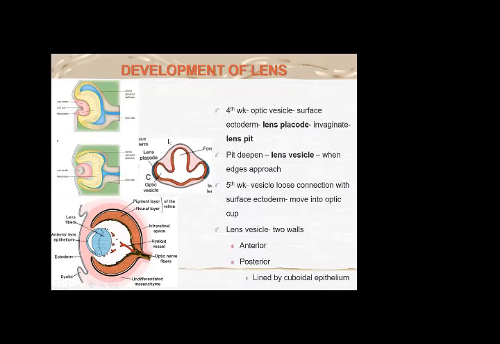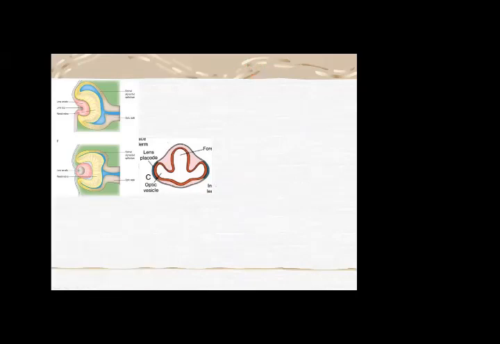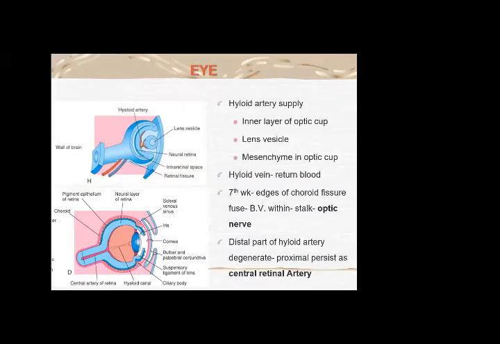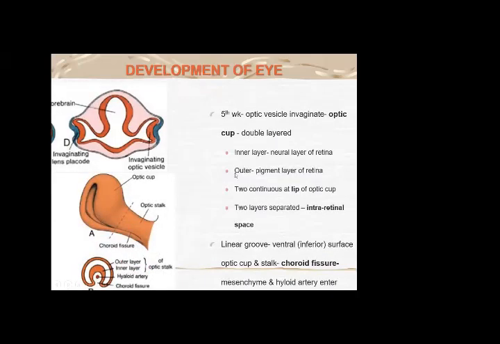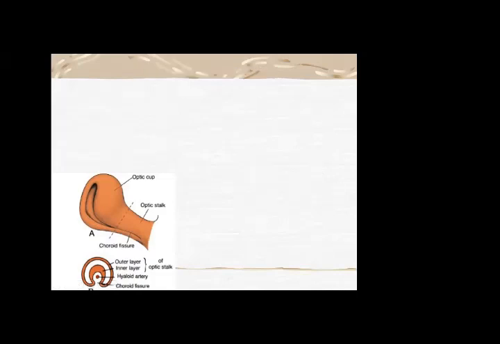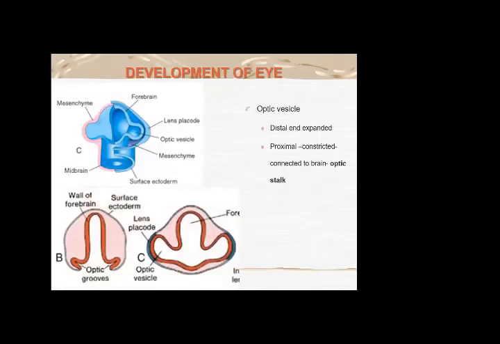ये जो है, if I go back still further, ऑप्टिक वेसिकल पे आ जाते हैं, here optic vesicle. This is simply evagination of the forebrain. ये forebrain है. This is the cavity of the forebrain. From the cavity of the forebrain, there is an evagination.